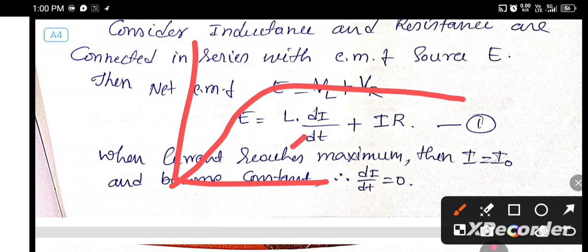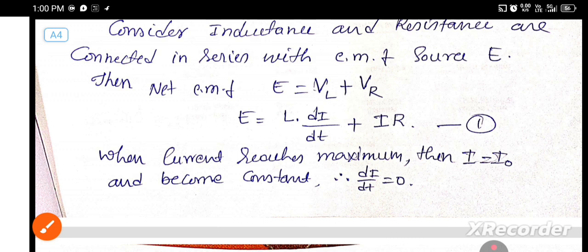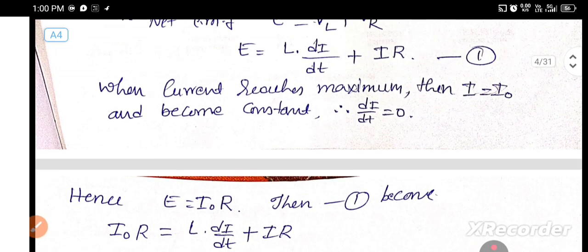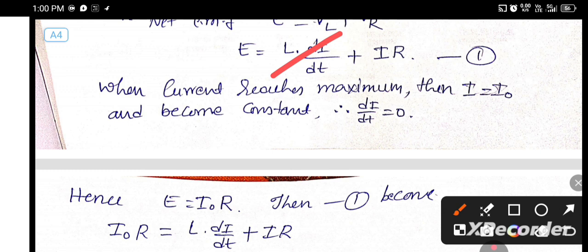So then di by dt becomes 0. Hence from equation 1, this term becomes 0. Then E equal to I naught R.